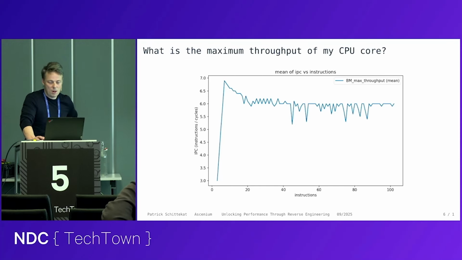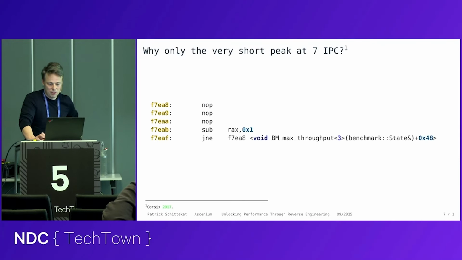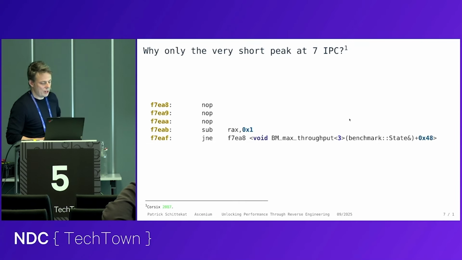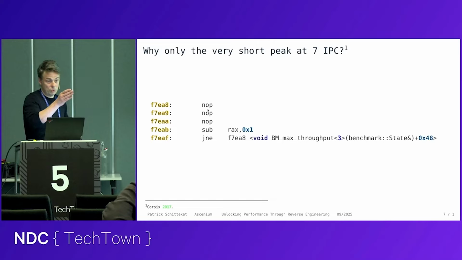So why is that? It's also because of the short peak of 7, and then I took the object dump, and as you said correctly, these 2 extra instructions that are counted in the beginning, even with no ops, it's this branch. So here this is a counter for the iteration.